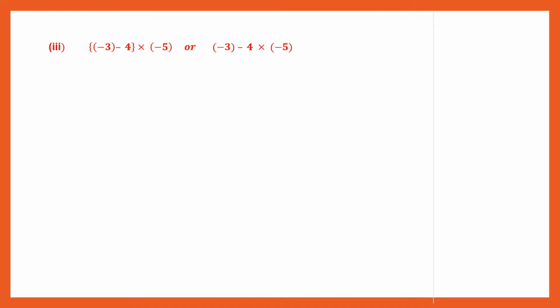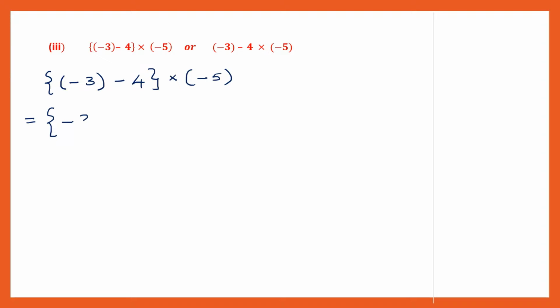Question 3. Let's copy down the question on the left hand side. So we have curly brackets, then we have common bracket with minus 3 inside, minus 4, and then we have curly brackets into, now we have minus 5 within common brackets. Okay, so now the curly brackets, we'll leave it as it is. First we'll remove the common bracket.